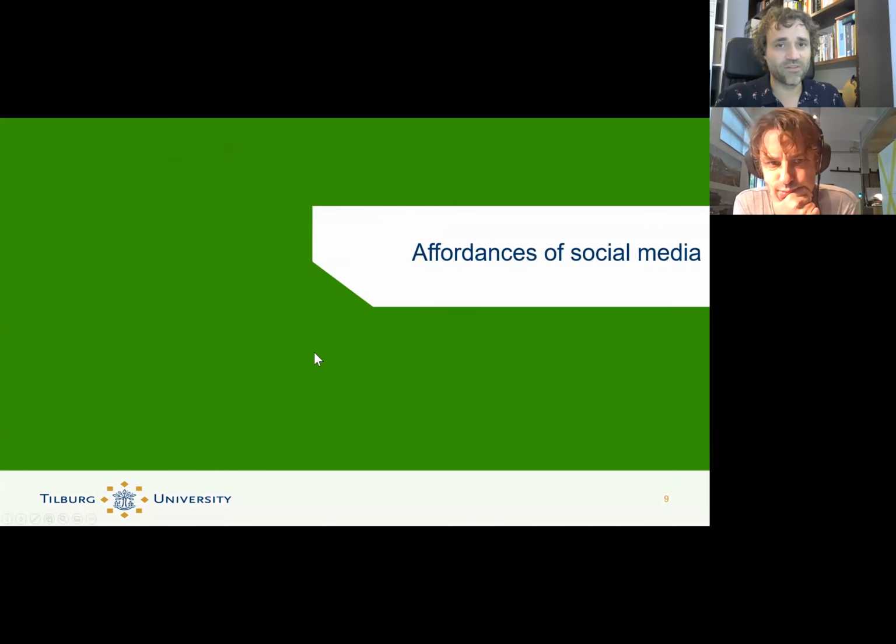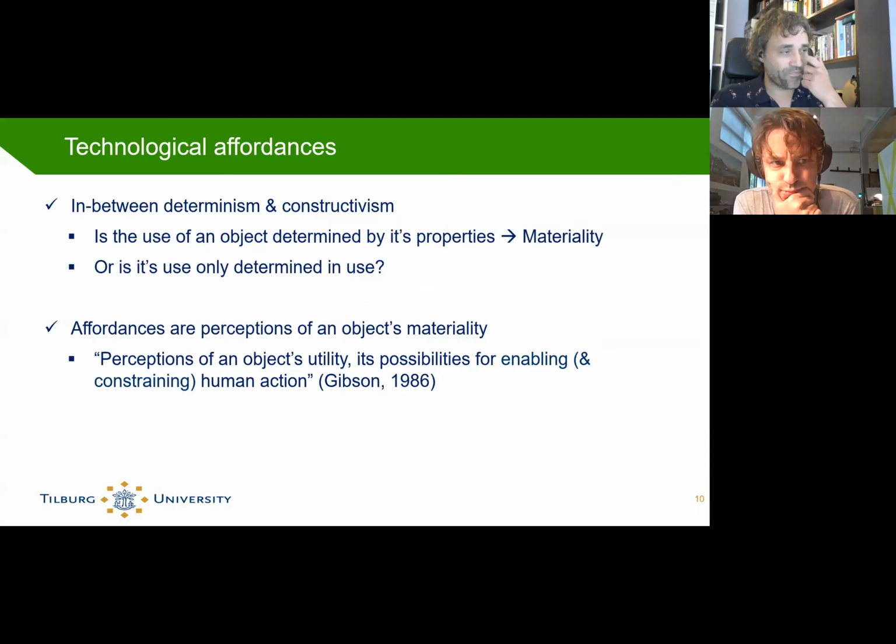So what's an affordance? Well, we've talked about determinism and constructivism. On the one hand, you can be deterministic and say, this is a characteristic of this technology and this is what effects it will have. On the other hand, you can say, no, it's the other way around. People are free in deciding what they do with the technology. And an affordance is a solution to that issue.